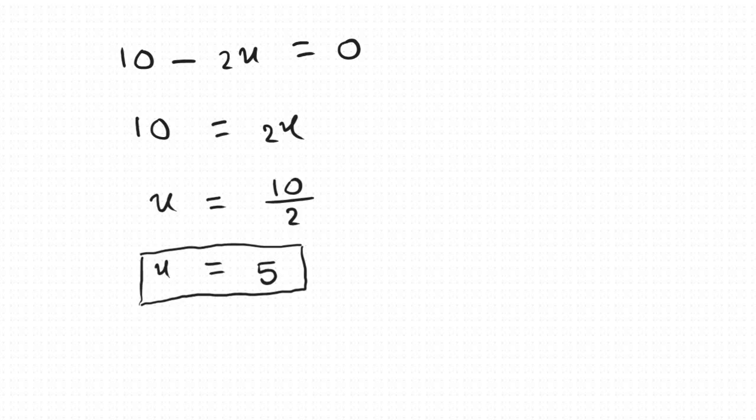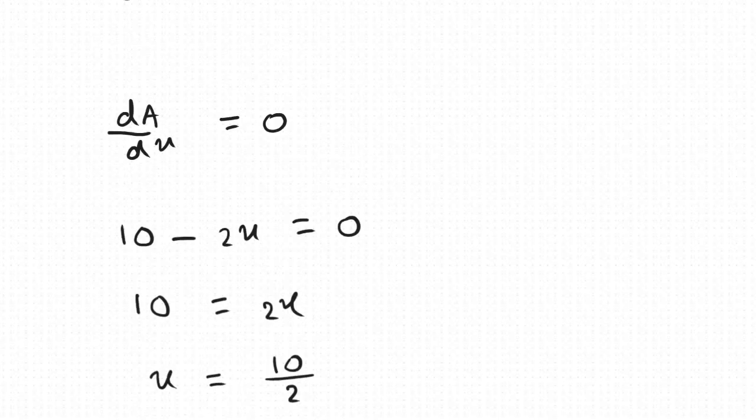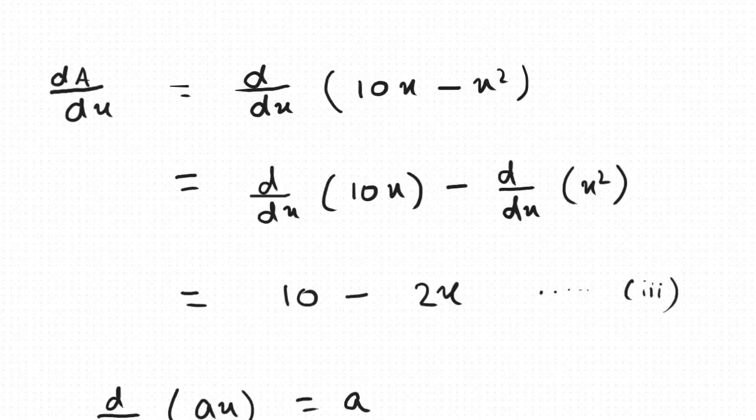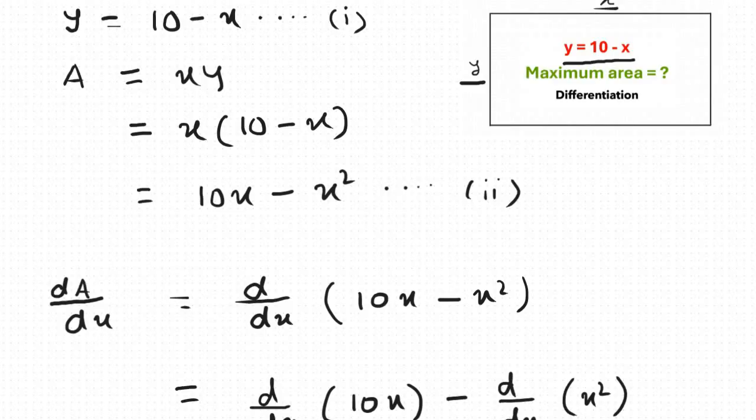Now to get the maximum area of the rectangle, we have to put the value of x, which is 5, in the area equation, which is A equals 10x minus x square from equation number 2.